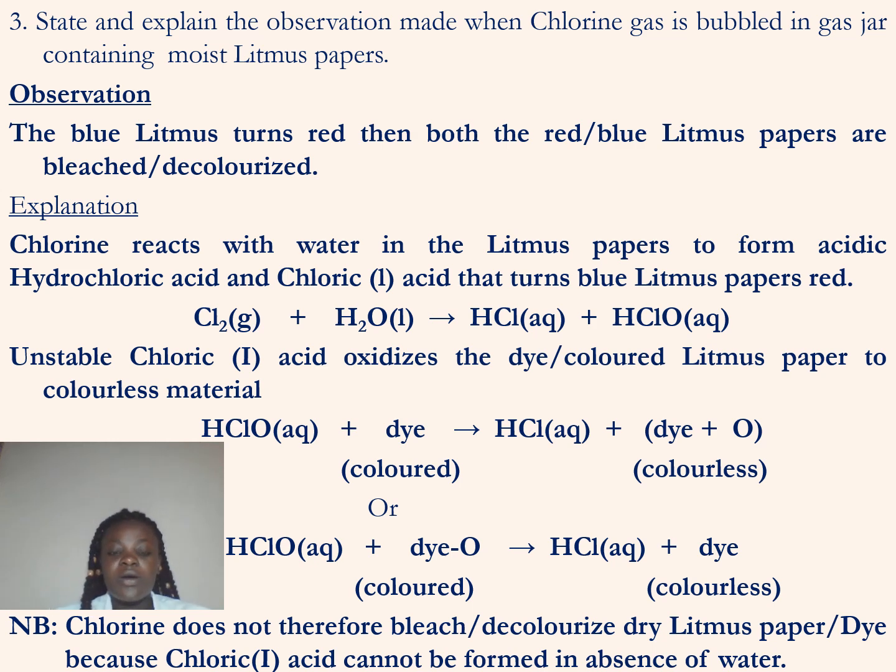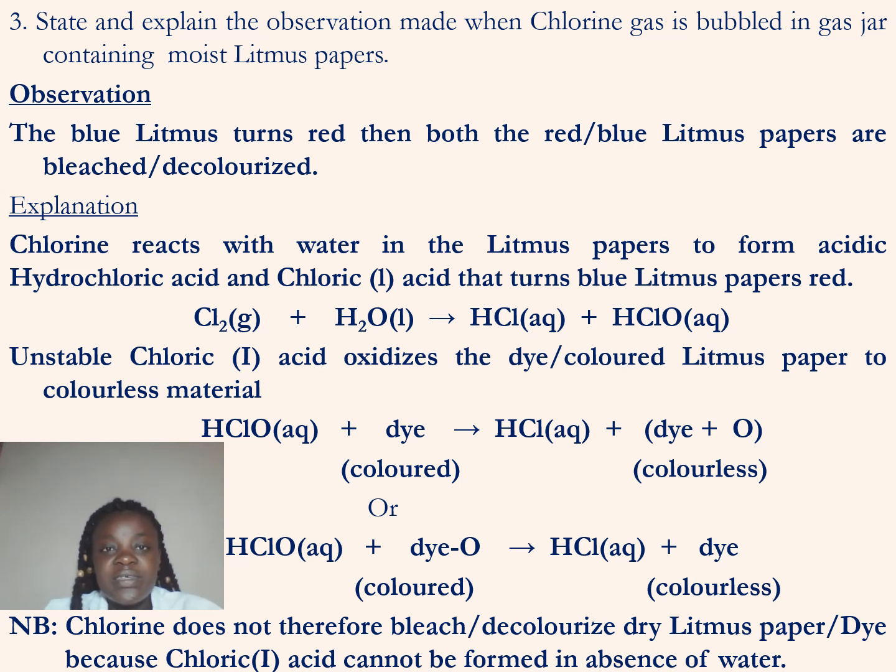So chloric 1 acid cannot be formed in the absence of water. That is why we cannot use a dry litmus paper. So we use wet or moist litmus papers when we want to show that chlorine can form a compound that is a bleaching agent.